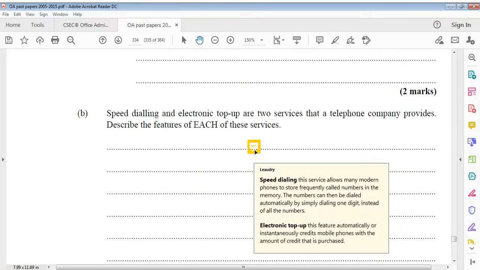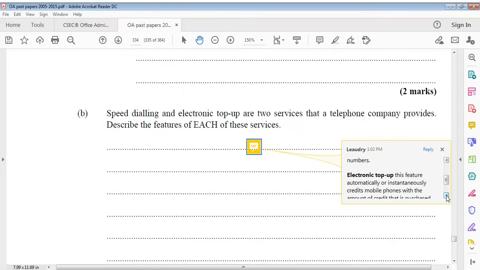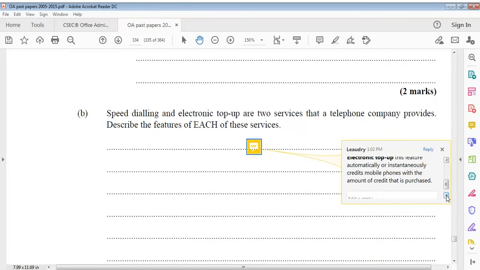Let's look at electronic top-up now. Electronic top-up. This feature automatically or instantaneously credits mobile phones with the amount of credit that is purchased.